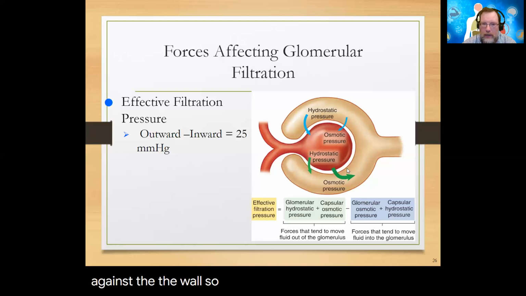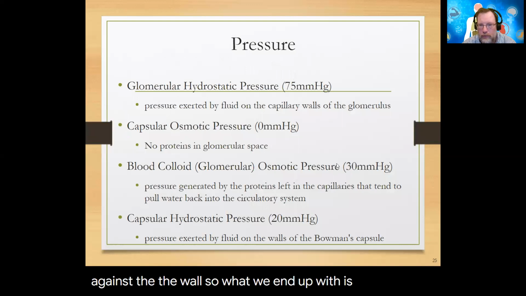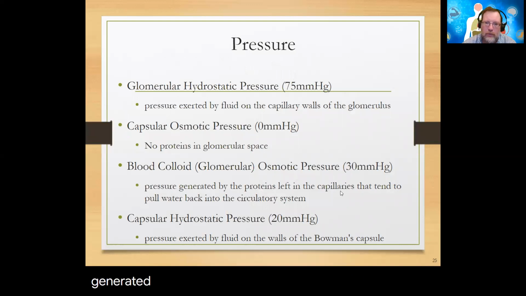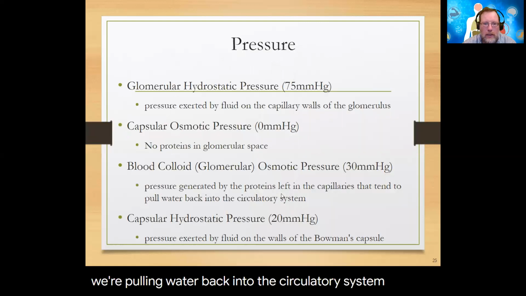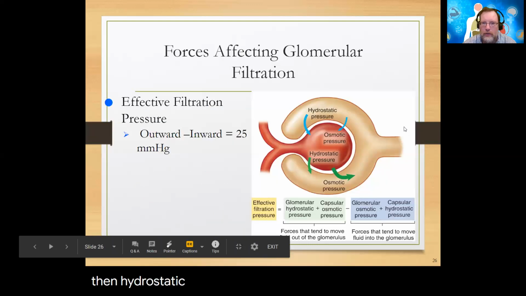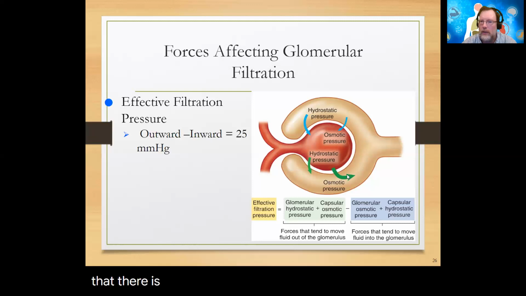So what we end up with is 30 millimeters of mercury of osmotic pressure generated by proteins left in the capillaries that tend to pull water back into the circulatory system. So you see we're pulling water back into the circulatory system, and then hydrostatic pressure just being generated by the fact that there is fluid still contained within this Bowman's capsule.